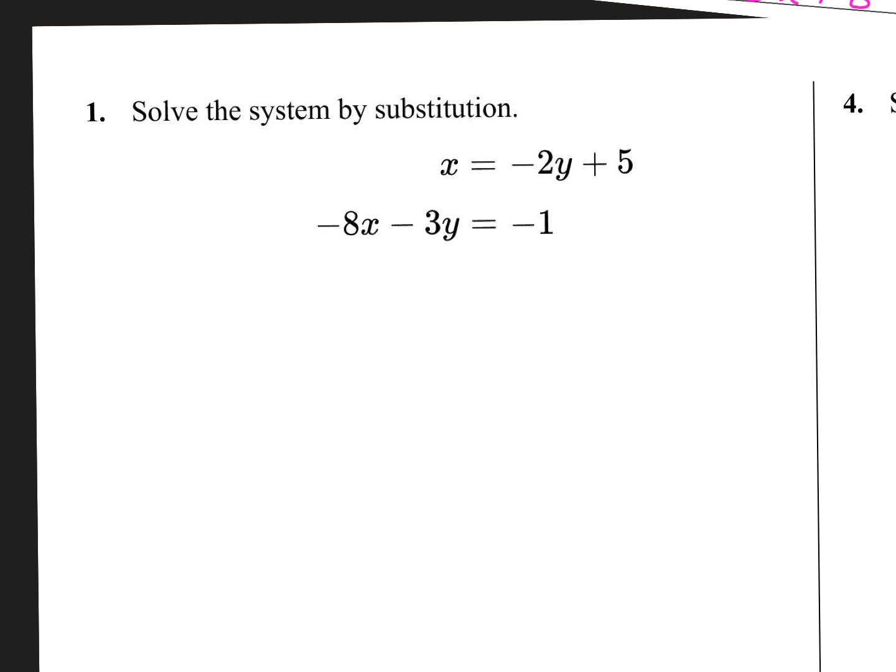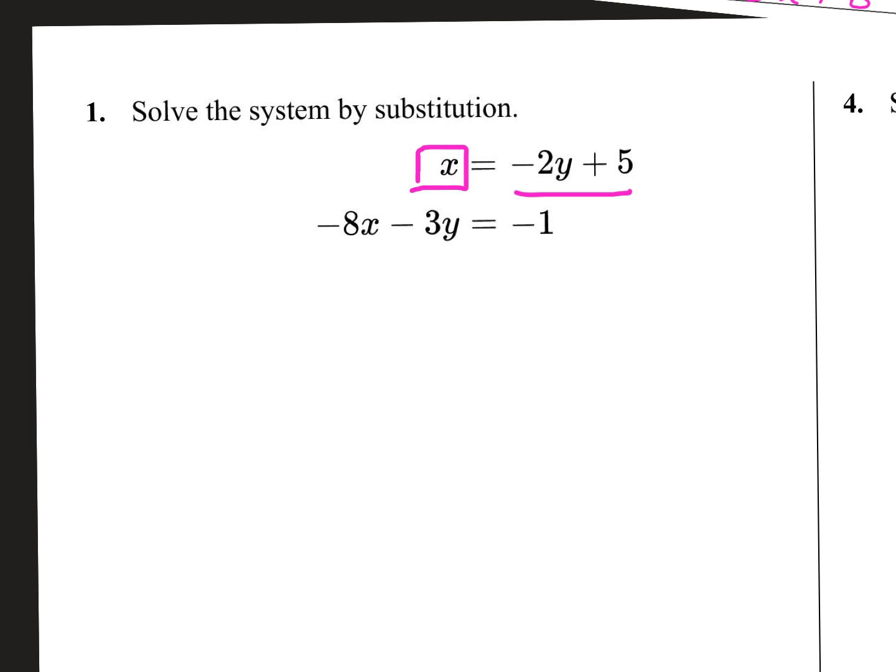And the way we figure that out is by determining which variable is isolated, which variable is all by itself on one side of the equal sign. And so out of this whole problem, it's x that is completely isolated because there's nothing over here on this side of the equal sign, and x is equal to negative 2y plus 5.